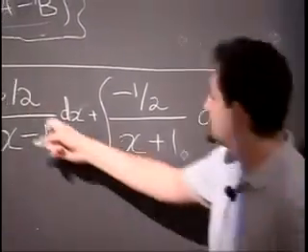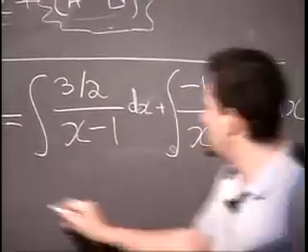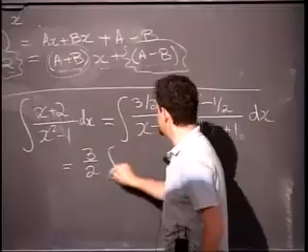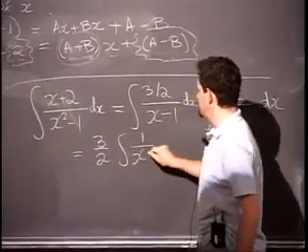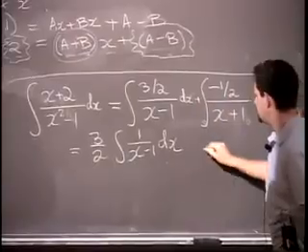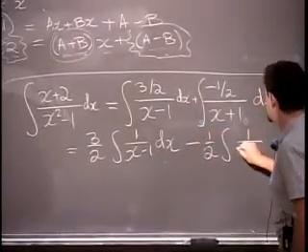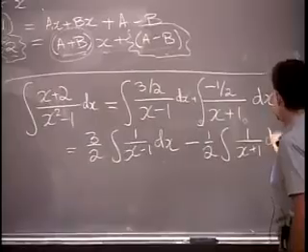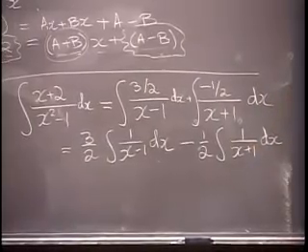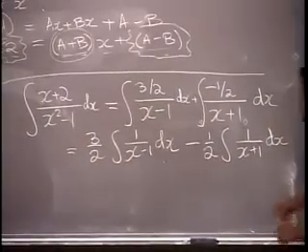And the reason I like to write the constants up the top and even preserve the plus, although it doesn't really matter, is you can sort of mentally or explicitly pull them out of the integral and just get 3 halves integral 1 over x minus 1 minus 1/2 integral 1 over x plus 1 dx. Now I'm going to discuss imminently how to actually do these sorts of integrals, but these ones are easy enough that we can just write this down.